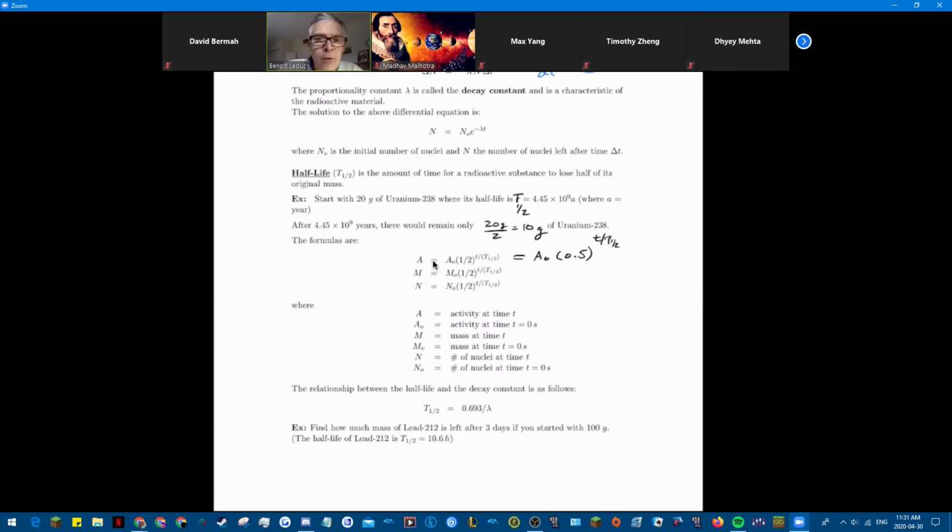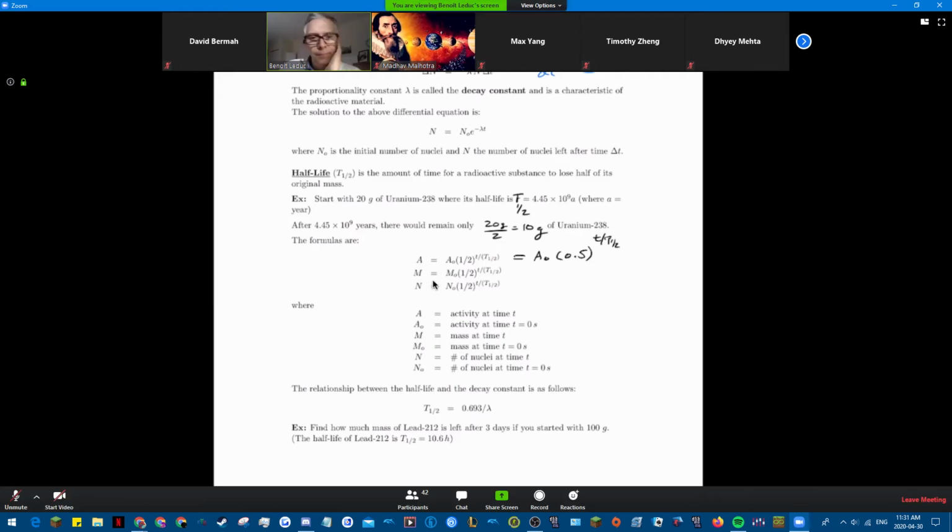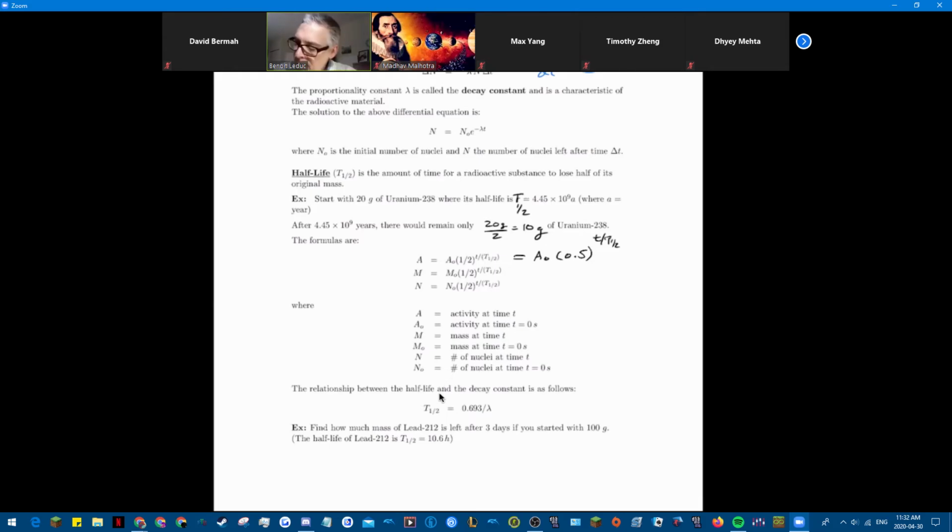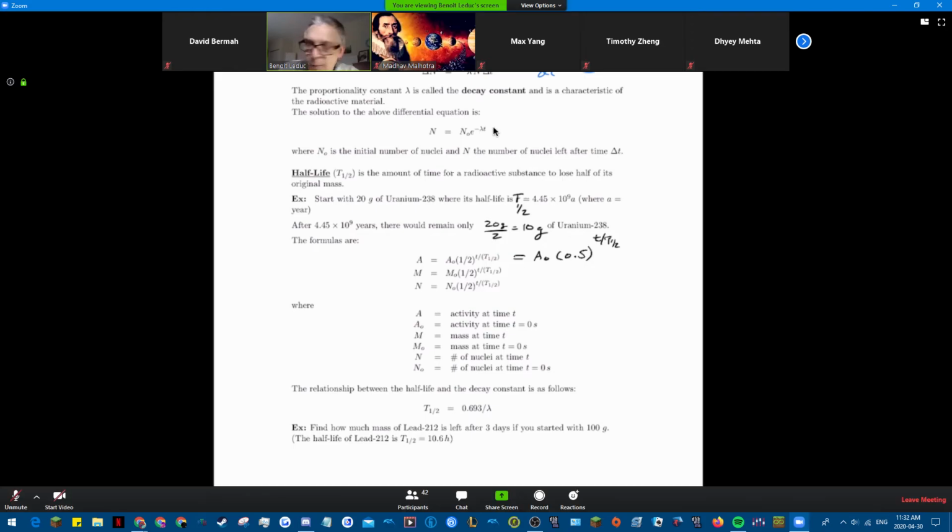And you also have it in terms of mass, so instead of how many nuclei are left, you have how much mass is left. The mass left is equal to the mass you had at time t0 times this, and so on. Now, the relationship between the half-life and the decay constant, remember the decay constant was this number right here, alpha. The relationship between the two is this.